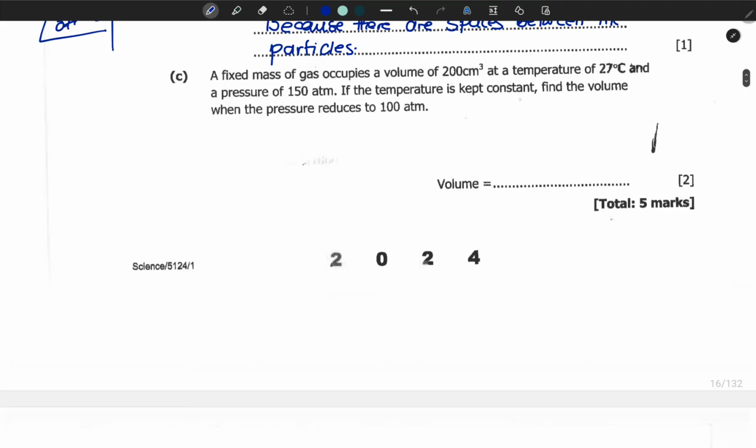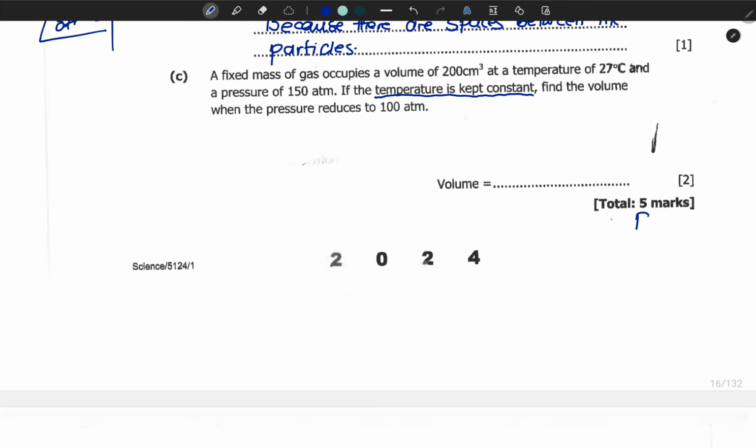If the temperature is kept constant, so this point is very important. You need to understand the factor which was kept constant, and the reason is that factor must not be part of your calculations, must not be in the formula. Find the volume when the pressure reduces to 100 atm.